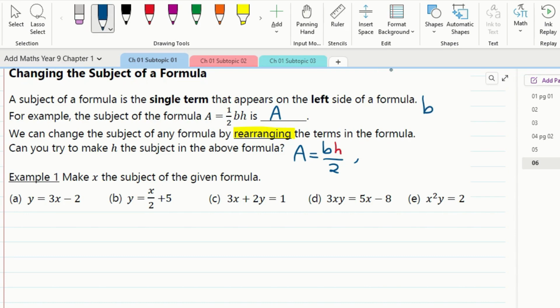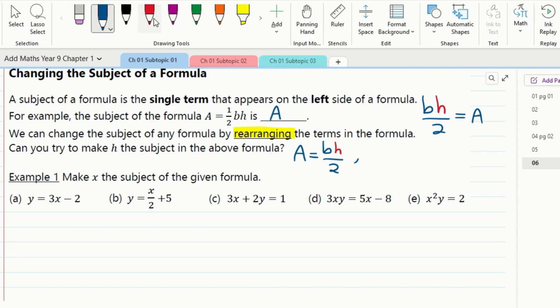So it will look like this: BH over 2 equals A. Now you will try to isolate H. So you have to move away B and 2.